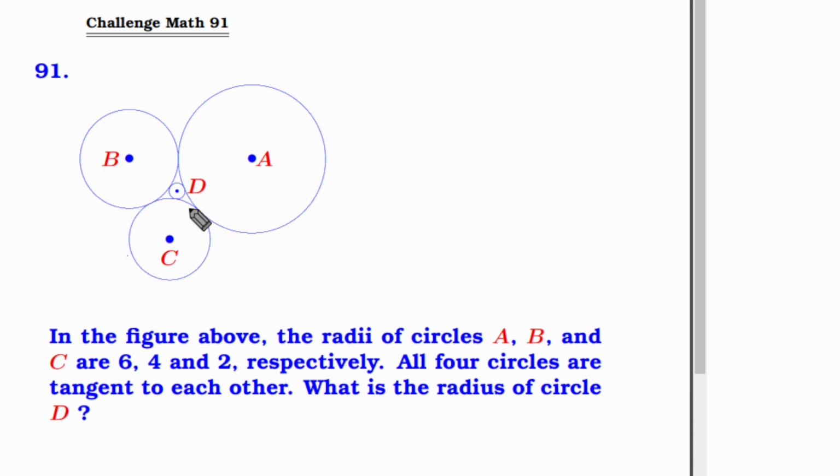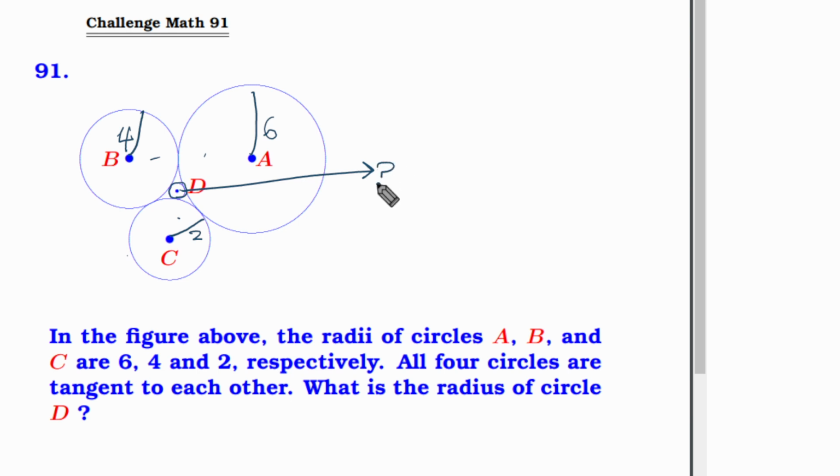It means this radius is 6, this radius is 4, and this radius is 2. Then the question is, when 3 circles touch each other, and inside I have a small circle here, what is the radius of this small circle?